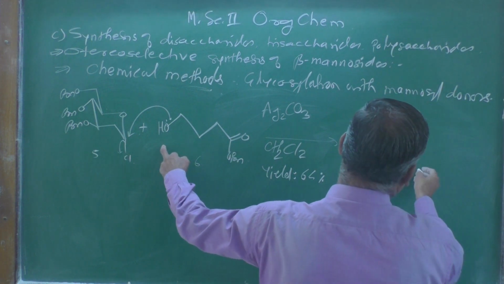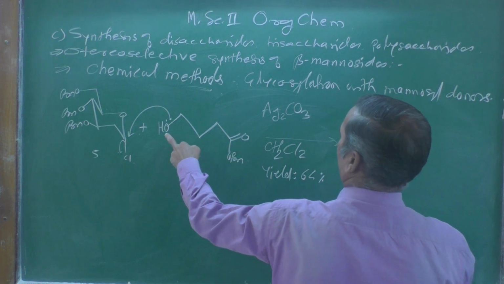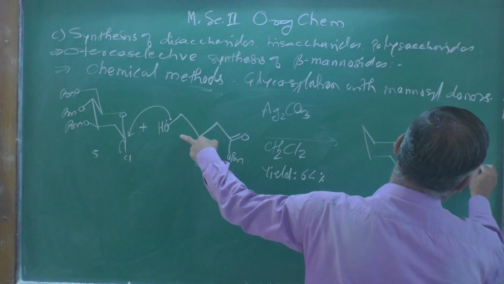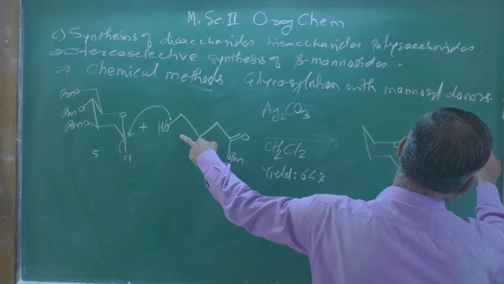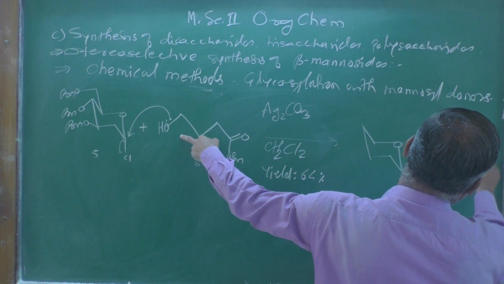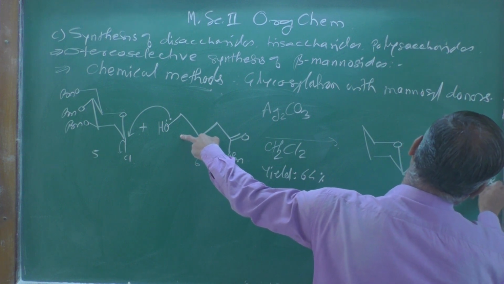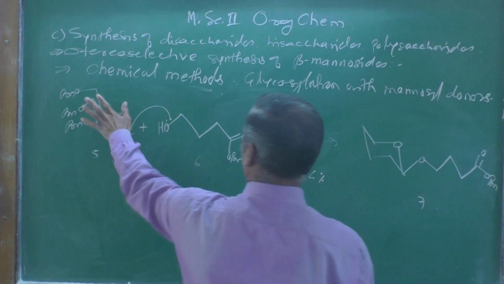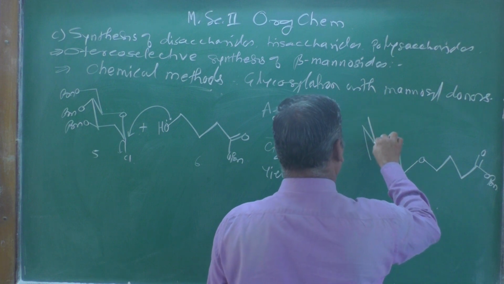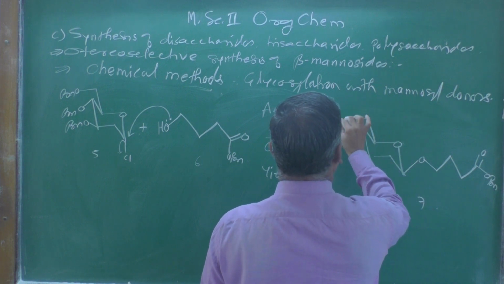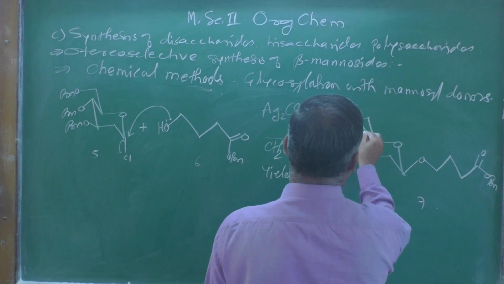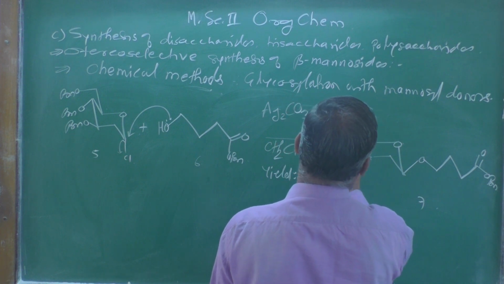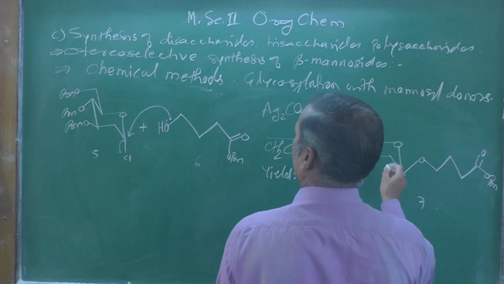Now this is going to acquire at this position, then C double bond O, OBn. This is structure number 7, and the rest of the groups are present at equatorial positions, and we can show them as they are here: OBn.